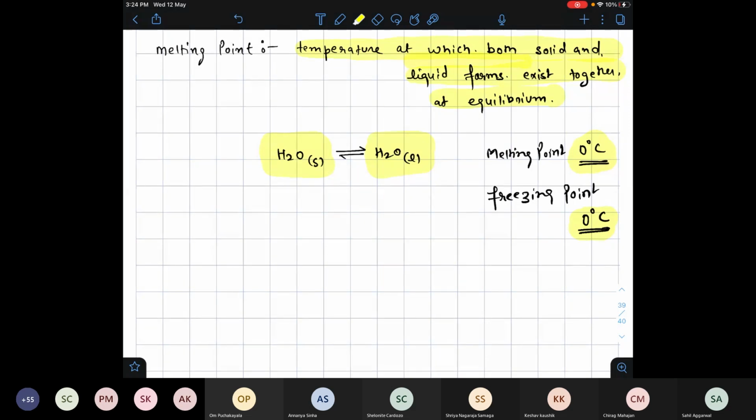If you are going from liquid to solid, when liquid starts converting into solid, that is freezing point. If you are coming from solid to liquid state, where it starts converting into liquid, that is melting point. But दोनों फॉर्म एग्जिस्ट करती हैं melting point और freezing point पर. Have you understood it?